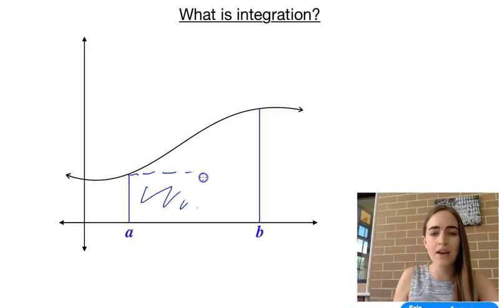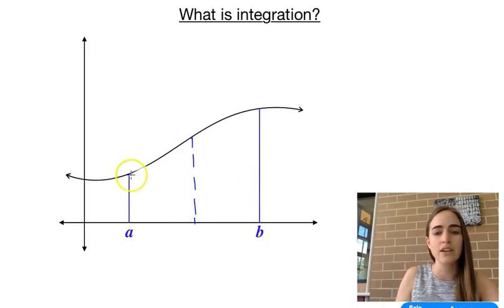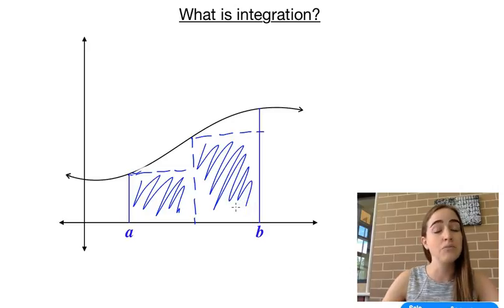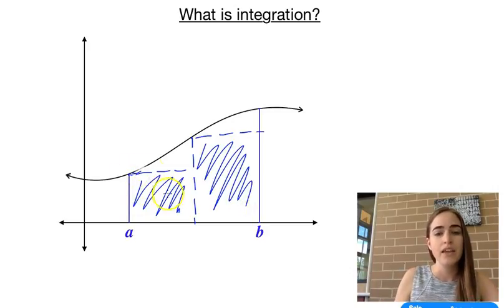Now, we can get more accurate though if we were, say, to split it in half. So if we were to split that section into two regions and find the height of two different rectangles instead, so we've got this rectangle here and this rectangle here, now that's getting more accurate again. If we were to split it even further, so let's split those sections down there, find those rectangles as well.